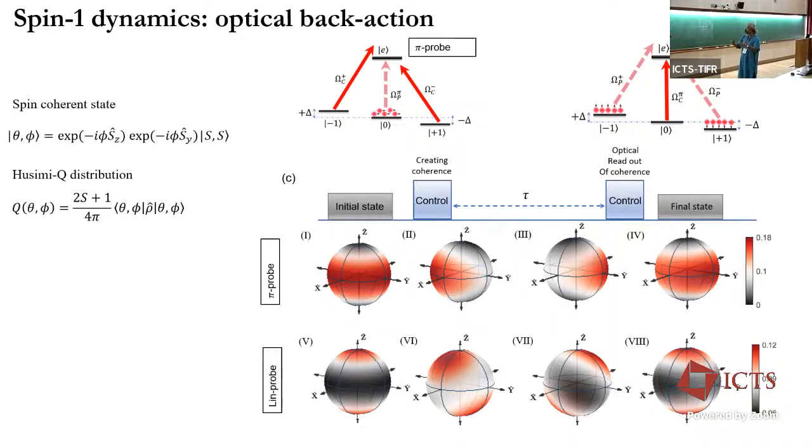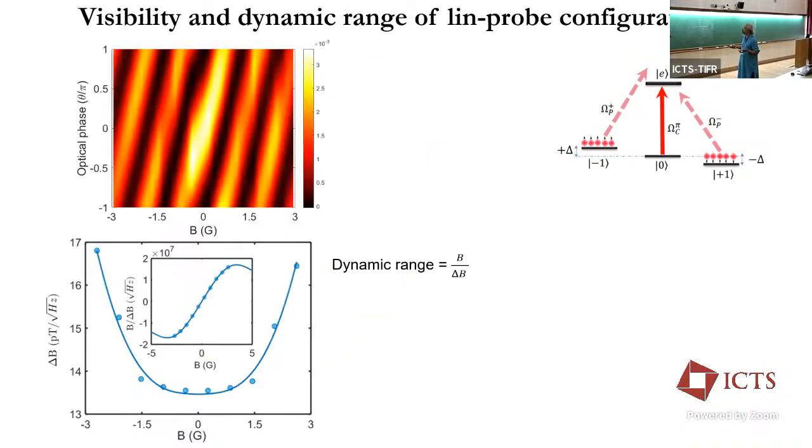When you store the light, this state gets localized, and then with a magnetic field, it starts precessing. And here, this polar state just gets tilted and then starts wobbling around. But because of the light shift, one spreads out more, and as you keep increasing the magnetic field, one of them washes out. That is one way of understanding the dynamic range.